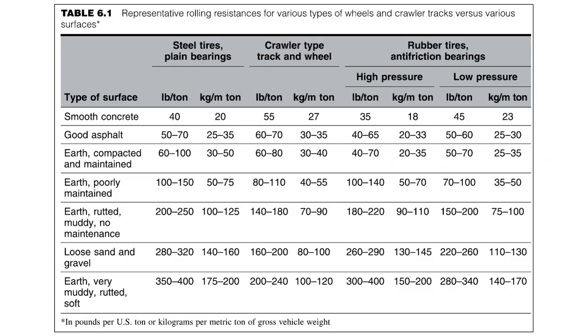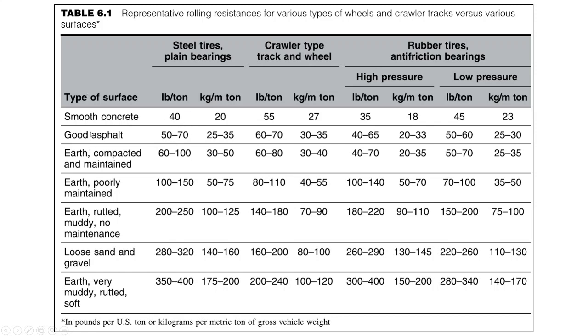All right, here you see a table with rolling resistance for various types of wheels and crawler tracks. Rolling resistance is measured in pounds per ton, which is the US ton, or kilogram per metric ton. These two numbers are for the same thing, but in different systems of measurement.